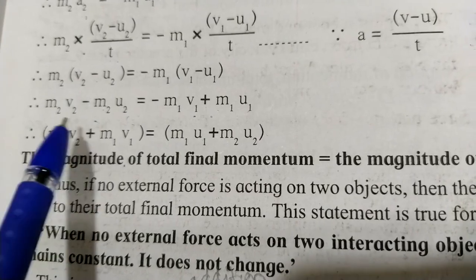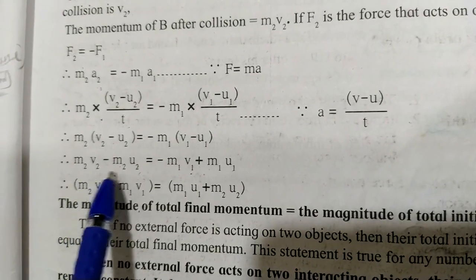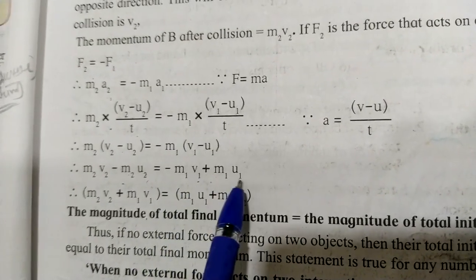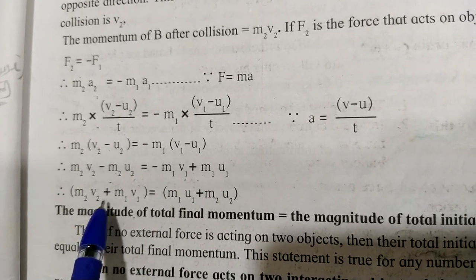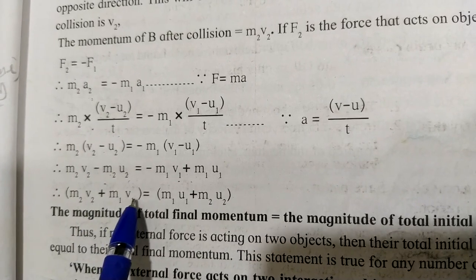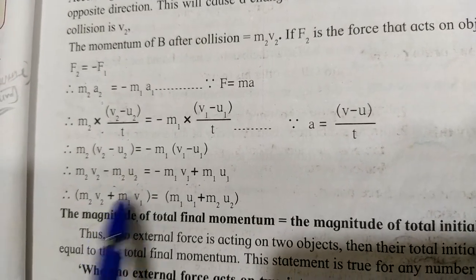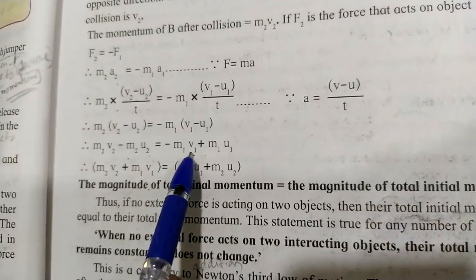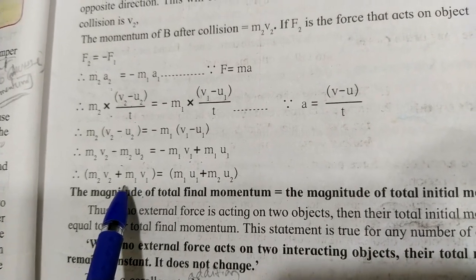Now I will arrange the line. So m2 v2 minus m2 u2 is equal to minus m1 v1 plus m1 u1. Now arrange like terms and unlike terms. When we shift minus m1 v1 to this side, it will become plus m1 v1.